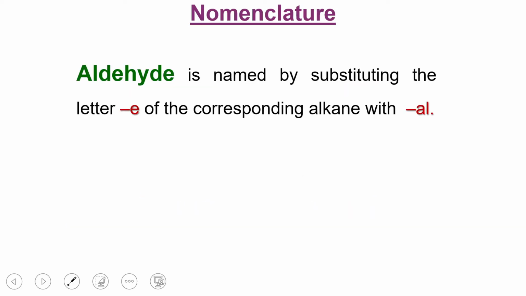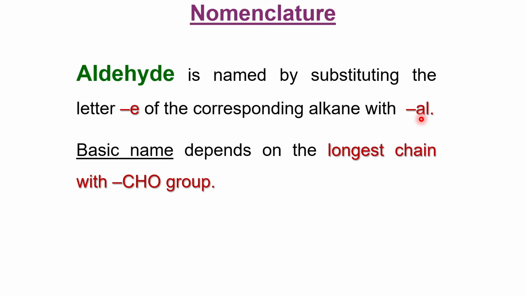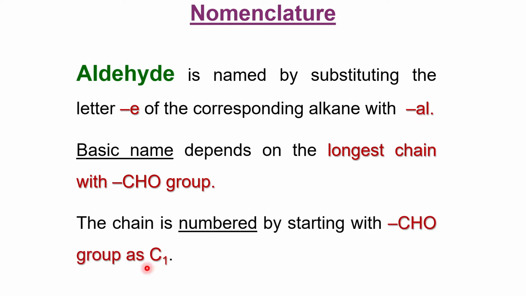So naming for aldehyde. Aldehyde meaning we have al. The ending for all the naming will end with al at the end. It depends on how many carbon. The basic name depends on the longest continuous carbon chain including CHO, including the functional group C double bond OH. We will start numbering from the functional group C double bond OH.